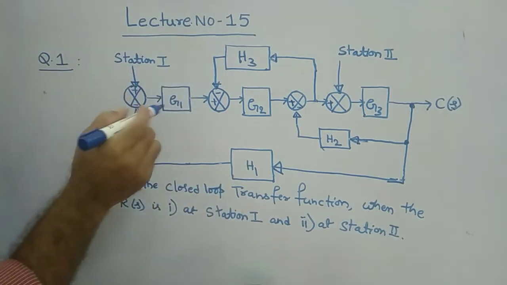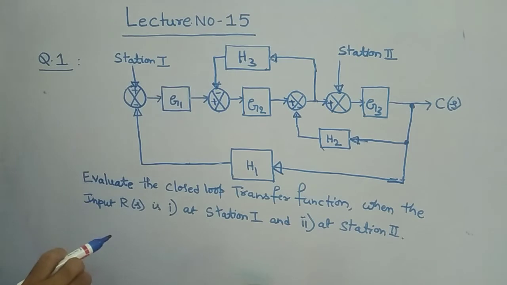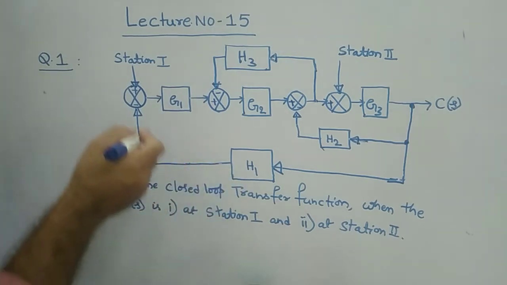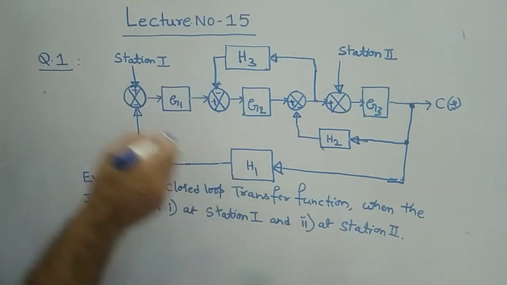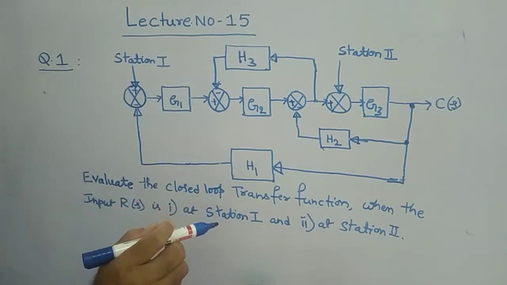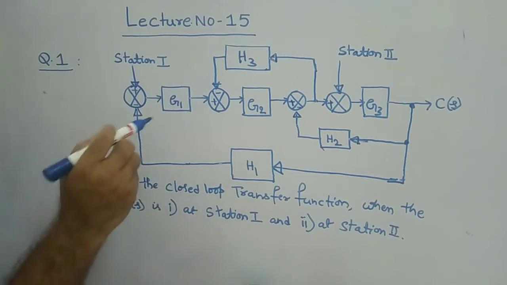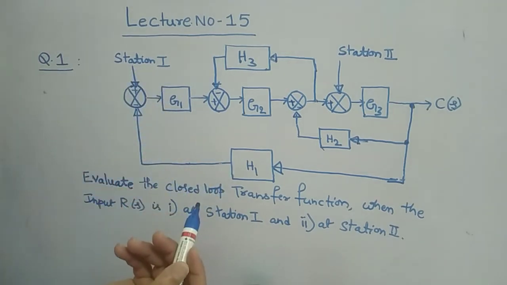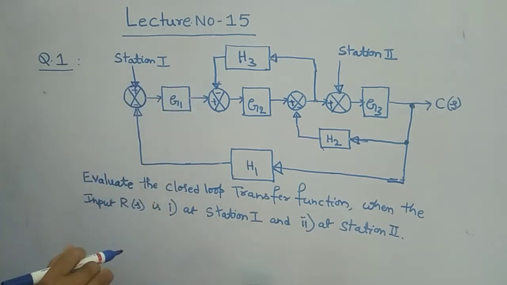If you remove this, then H1 and G1 will be multiplied, and it becomes a product, H1 into G1. Before that you put the minus sign, so minus G1 H1 will come. For that case, I am explaining.